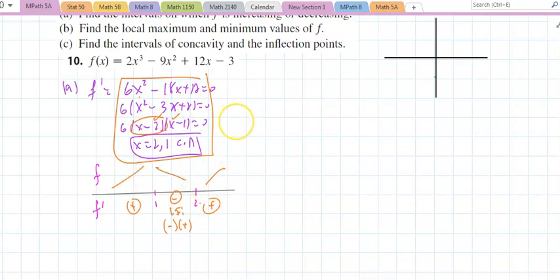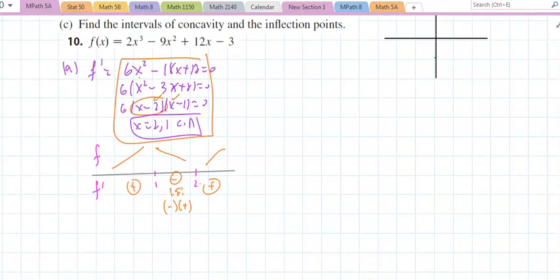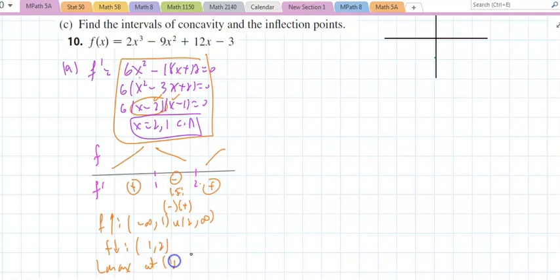I would say f is increasing from negative infinity to 1, union with 2 to infinity. And f is decreasing from 1 to 2. Not only that, it seems I have a maximum, local maximum, at 1. And if I plug 1 in the original for f, f has a maximum.